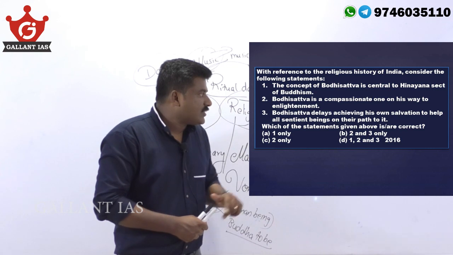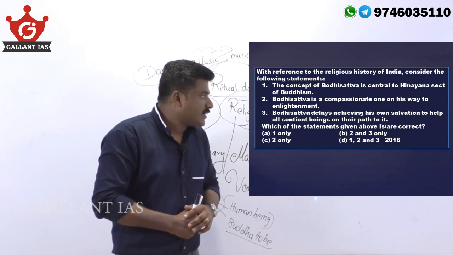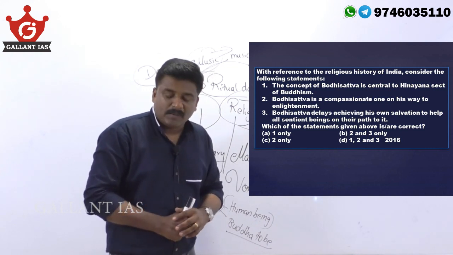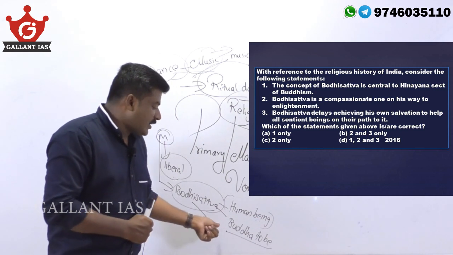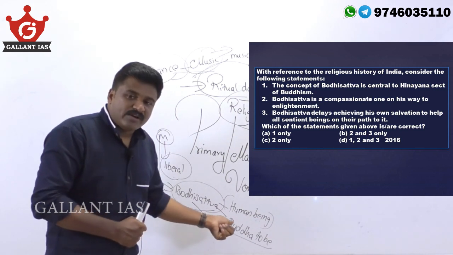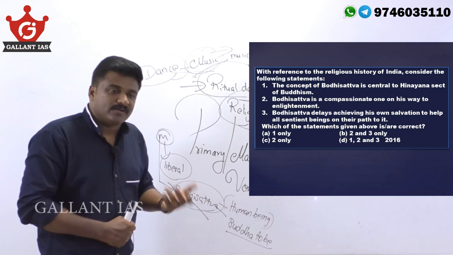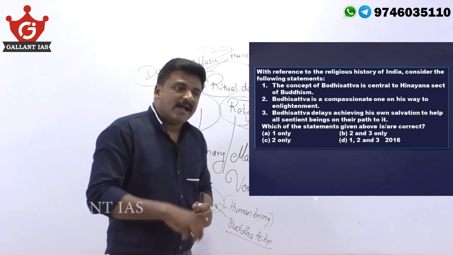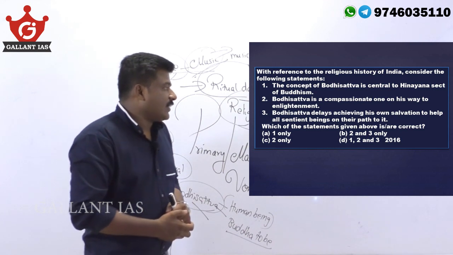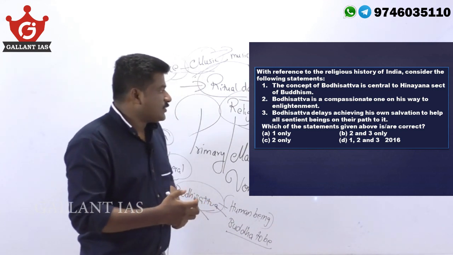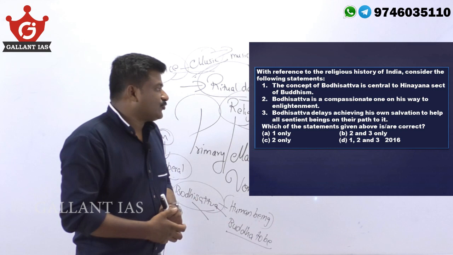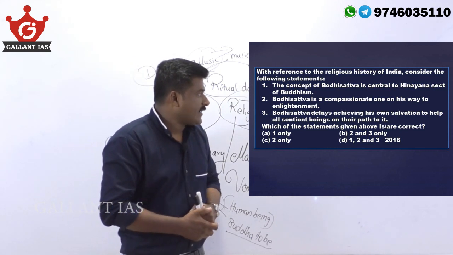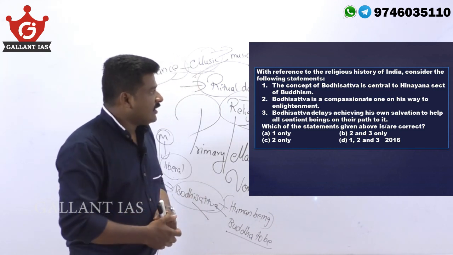Bodhisattva delays achieving his salvation to help all sentient beings on their path to it. Yes, it is basically a Buddha to be, a Buddha who is waiting for Buddhahood. So with that assumption you can say the third statement is correct, and definitely our answer will be 2 and 3. B will be our answer. Okay, 2 and 3 will be our answer.